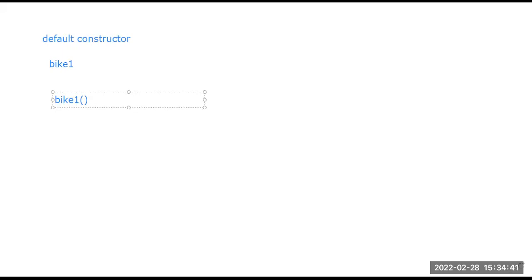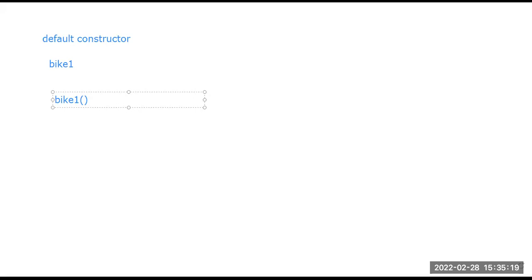Inside it is the line System.out.println, bike is created, and in the main method, public static void main, we created a new Bike1, calling the default constructor. So at the time of running the program, the constructor runs without any parameters. We didn't create or initialize any parameters there.